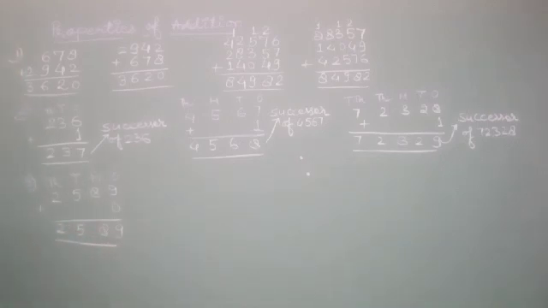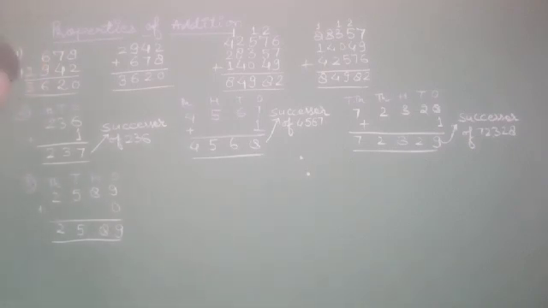So 2589, the number itself. When you add 0 to a number, you will find the number itself. Okay, so 2589 plus 0 is 2589.